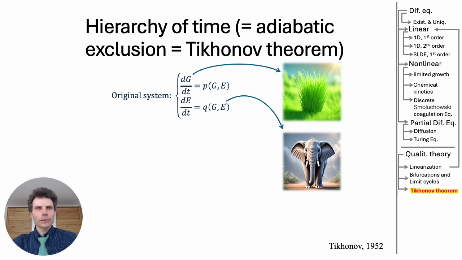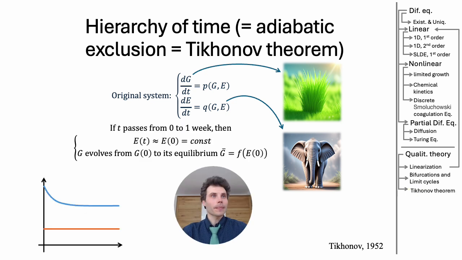So assume that time passes just from 0 to 1 week. We don't look so far beyond this period. If time passes from 0 to 1 week, then we can assume that the population of elephants just doesn't change much, that the value of E of t is approximately constant, and it's equal to E of 0, because elephants multiply very slowly.